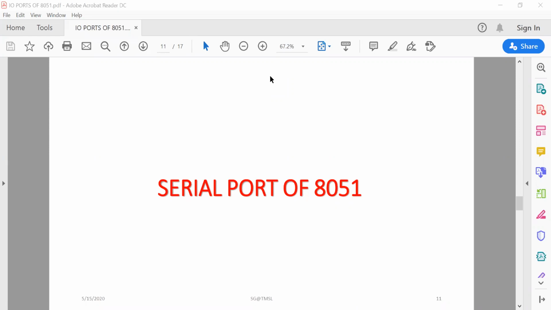Many devices contain the circuitry to handle serial communication. Intel 8251 is one such device, usually called the USART, universal synchronous asynchronous receiver transmitter.